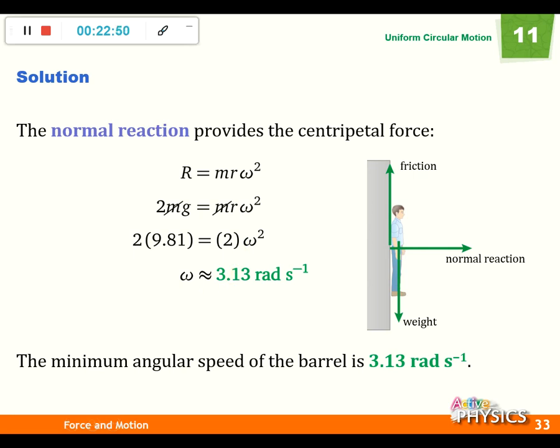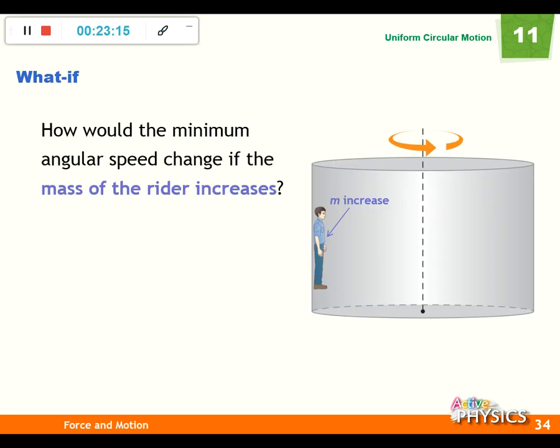This explains that if the angular speed of the roller is less than this value, it cannot provide enough normal reaction, and at the same time not enough friction to balance the weight. Then the rider will drop down. So this tells us it should be fast enough.